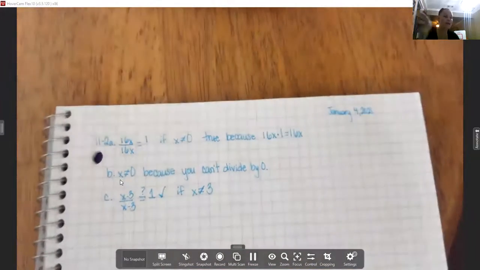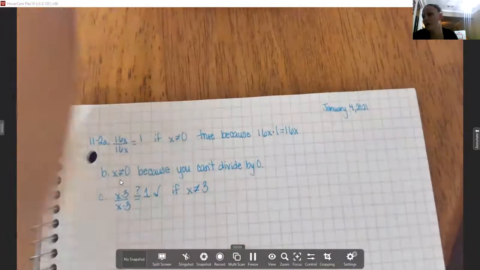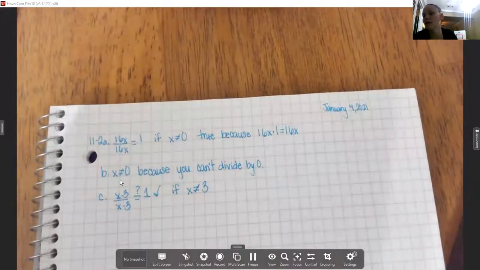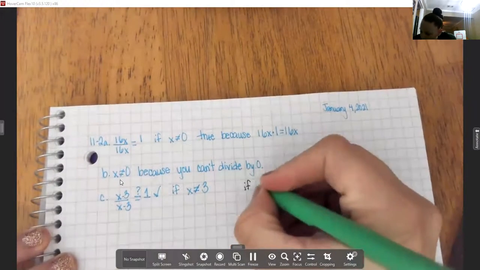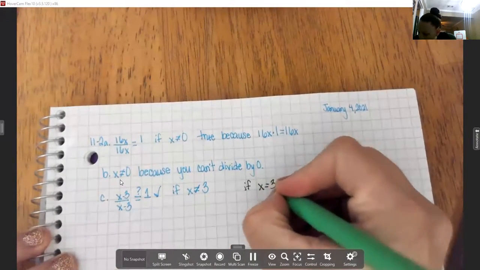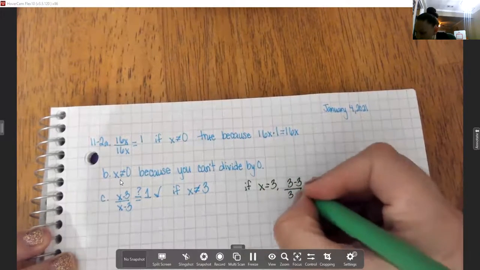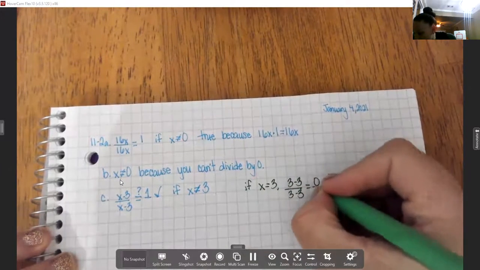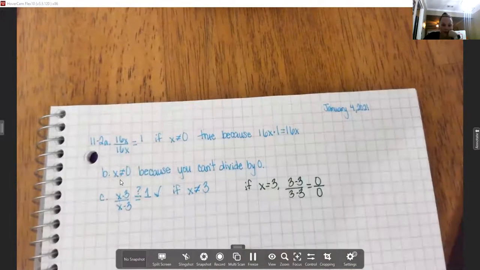The reason is that if x equals 3, then this is 3 minus 3 over 3 minus 3, or 0 divided by 0. And we know we can't divide by 0.